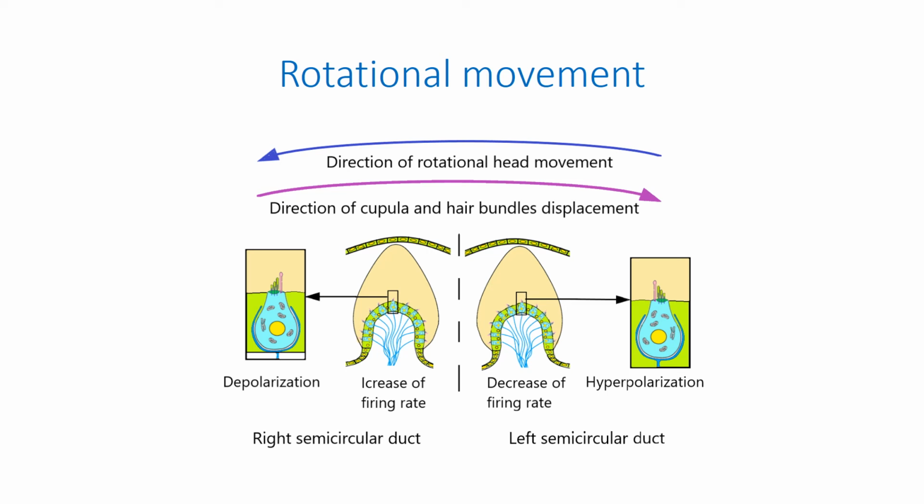Each of three pairs of semicircular ducts works in a push-pull fashion. When the hair cell in one duct is depolarized, the hair cell in its corresponding partner on the other side is hyperpolarized. This push-pull system makes it possible to sense all directions of rotation and transduce receptor potentials into nerve impulses perceived by the brain.